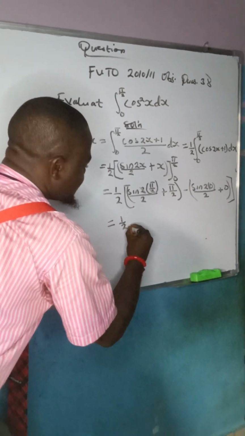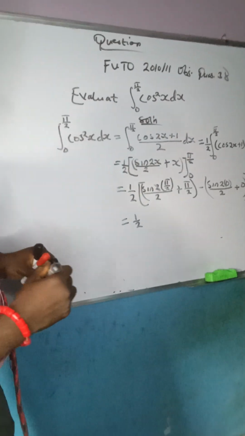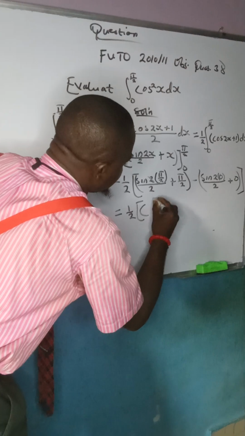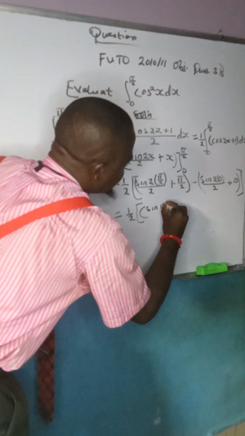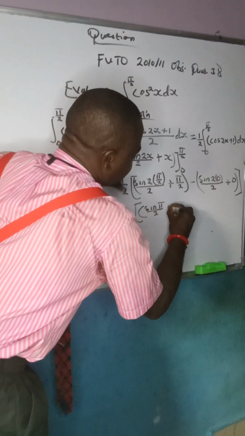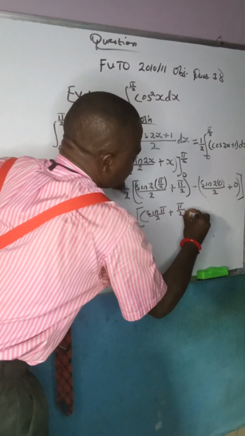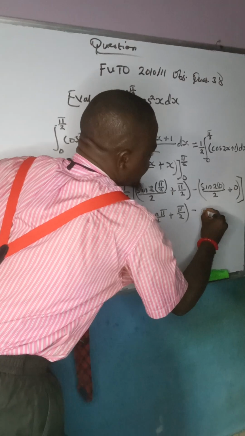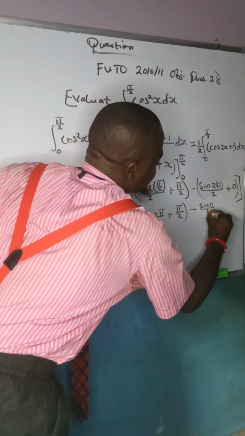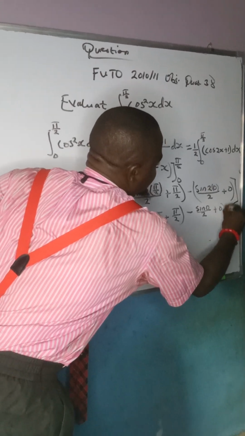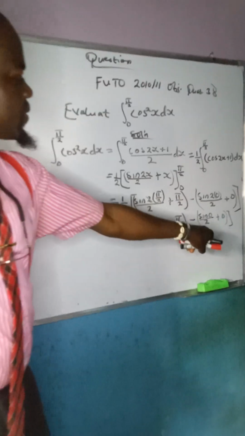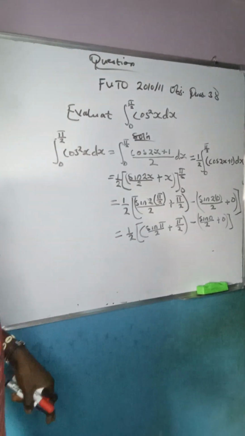This now gives me 1 over 2, right? Same way, I now have sine pi over 2, plus pi over 2, minus sine 0 over 2 plus 0. Because 2 times 0 is 0, so I have sine 0. And the 0 is there.